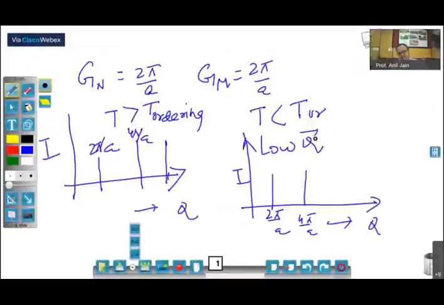Because if I see this magnetic contribution, it goes down as I increase Q, and this is due to this factor which is called the form factor.